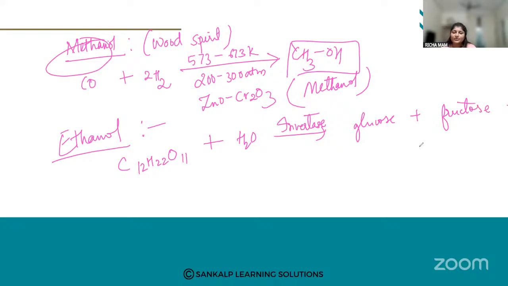Then this glucose and fructose, I use the enzyme zymase and convert it into ethanol and carbon dioxide. The enzyme zymase is obtained from yeast, and it converts glucose or fructose into ethanol.